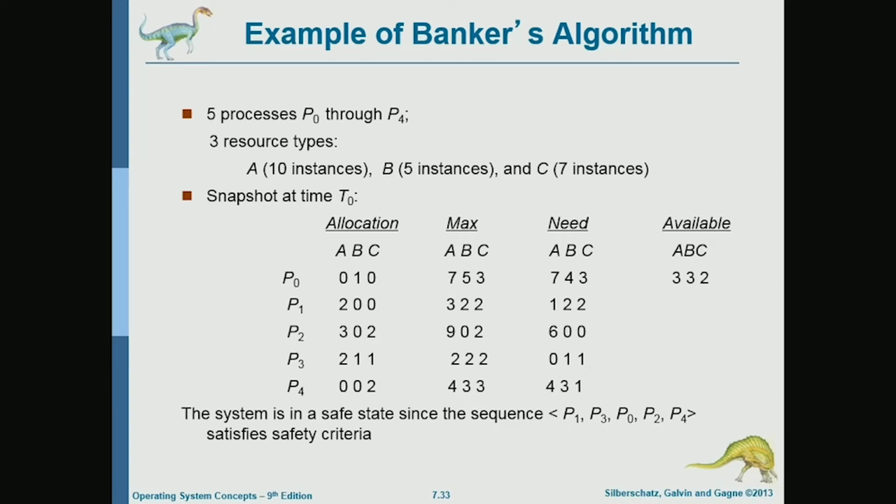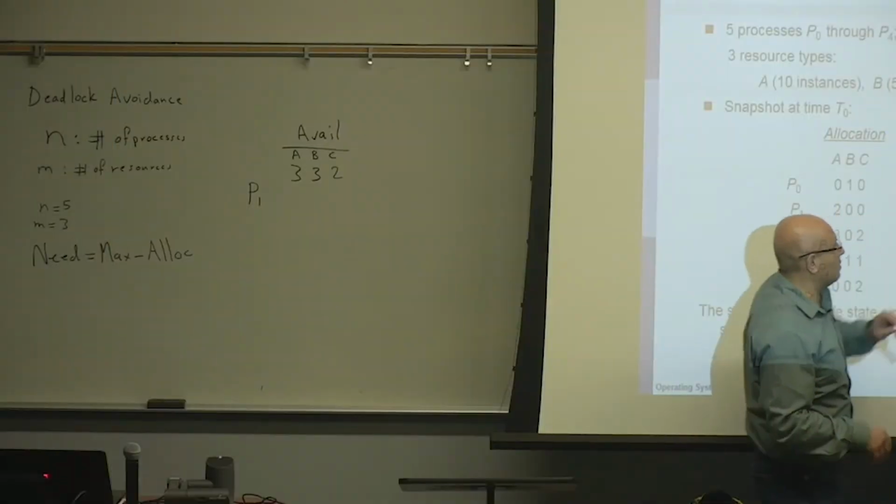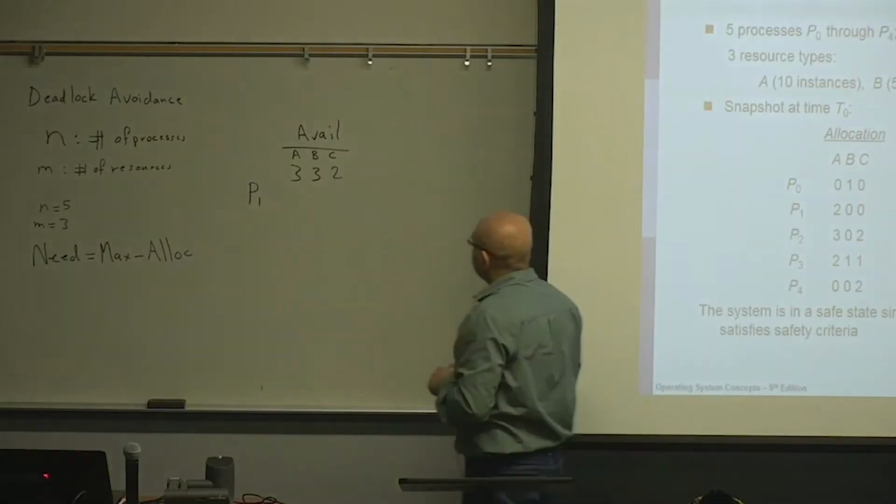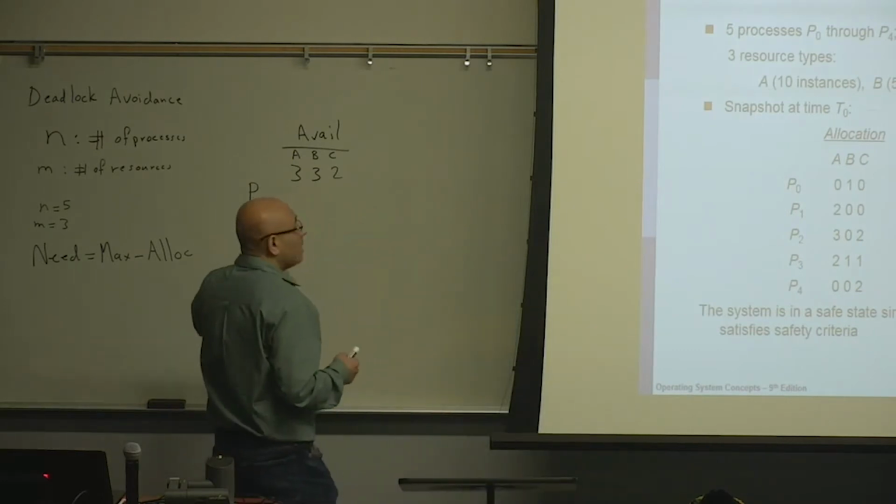This is our convention. Any safe sequence is going to be correct. But our convention is to pick the process that appears first in this order, because in fact this is what the algorithm, the pseudocode that we will present later, does. It will go through the processes in order, and it will pick the first process whose needs can be satisfied using what's available. Okay, so we'll put P1.